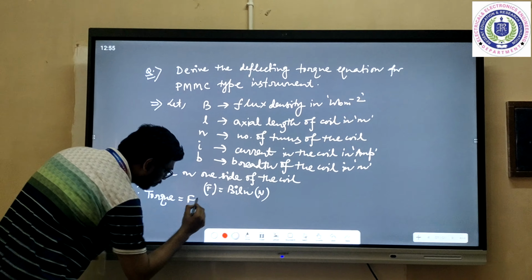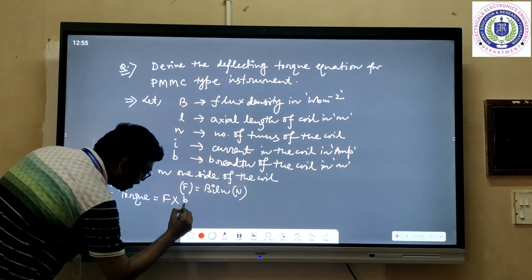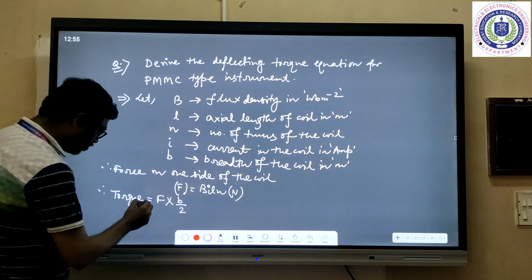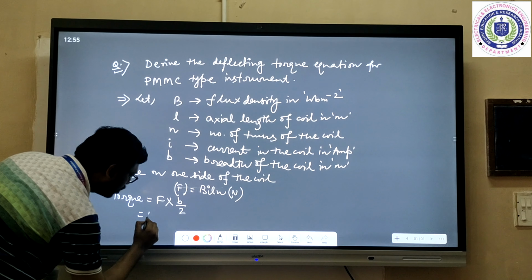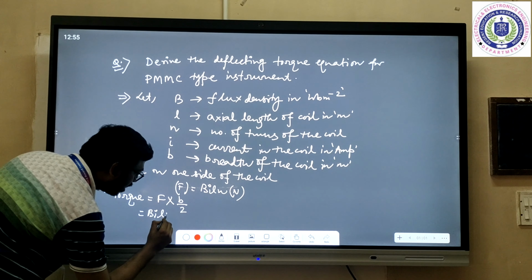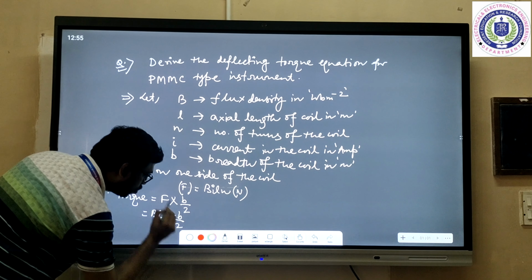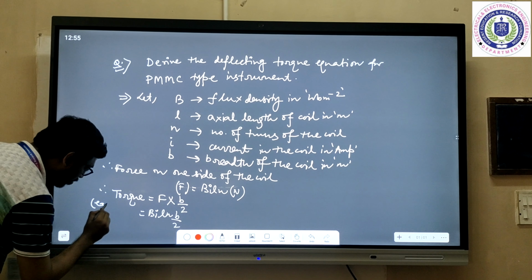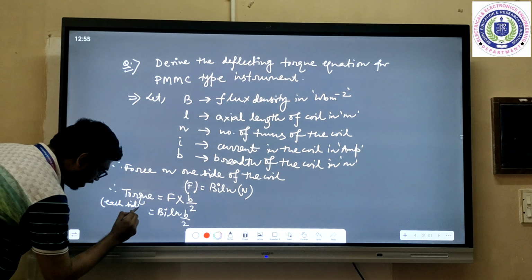So torque equal to force into radius. Here the radius is b by 2, that is the breadth. So what will be the value of torque? Torque is equal to BILN into b by 2. So that is torque on each side of the coil, or one side.